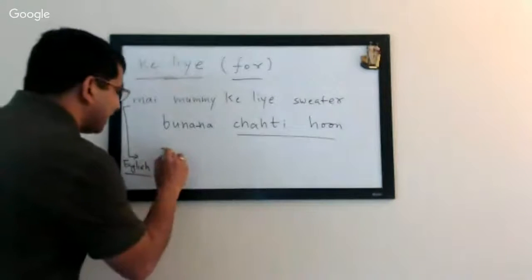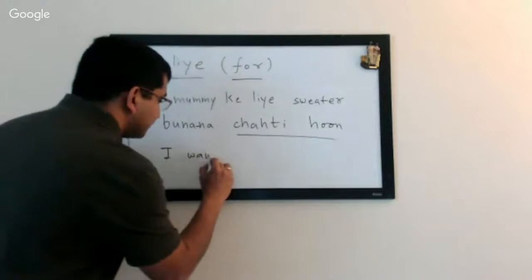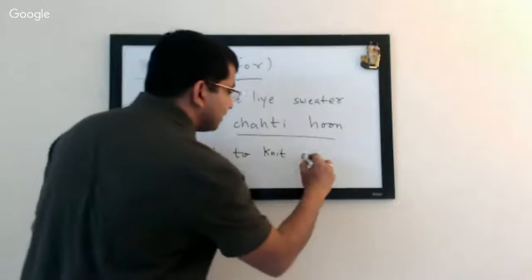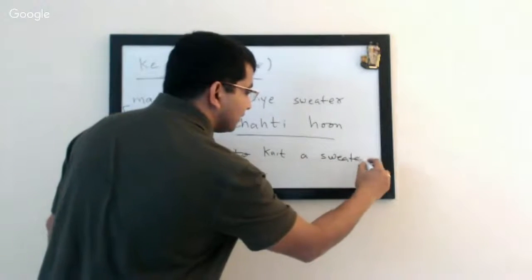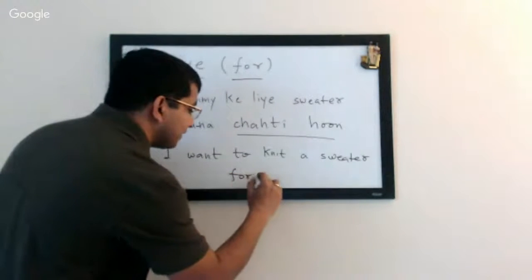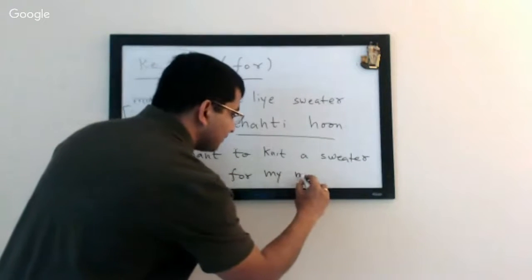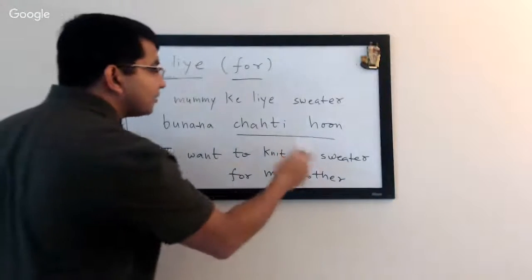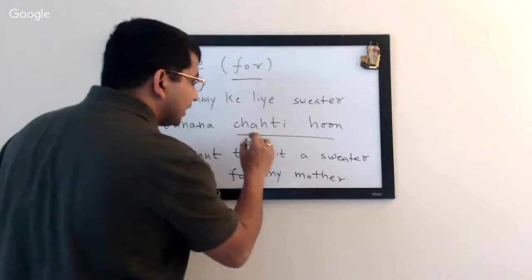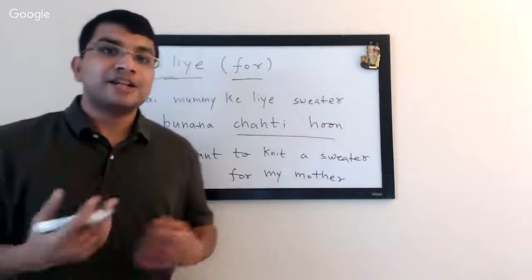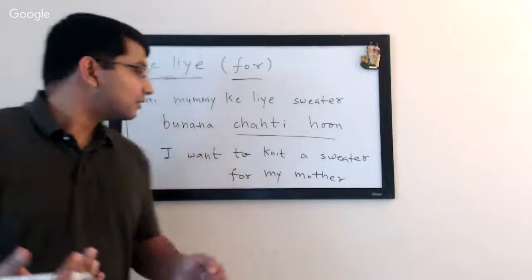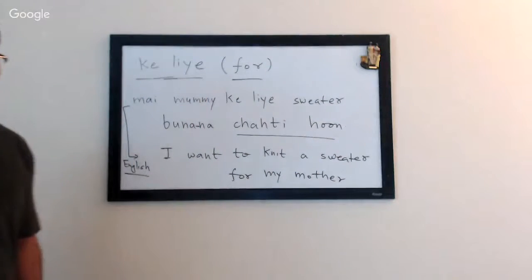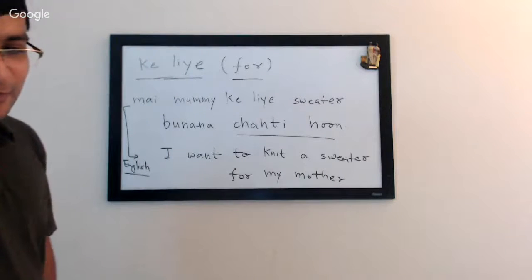So what you're saying is, I want to knit a sweater for my mother or for my mom. The reason I tricked you here is because I don't want to keep doing the same tenses. So here you have चाहना. When you say मैं चाहती हूँ, it is I want for a girl, मैं चाहता हूँ for a guy. So what you're saying is I want to knit a sweater for my mother. I hope this made you think a little bit more.